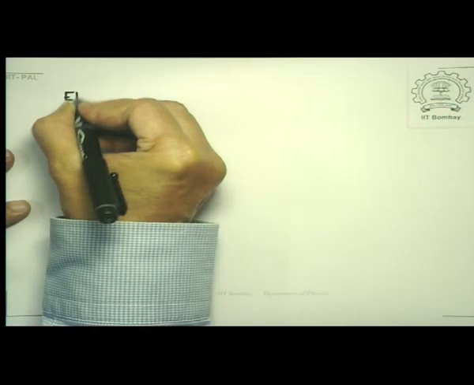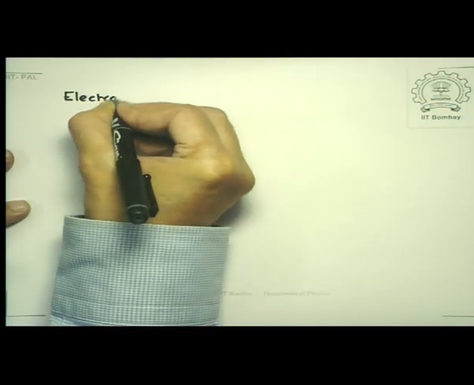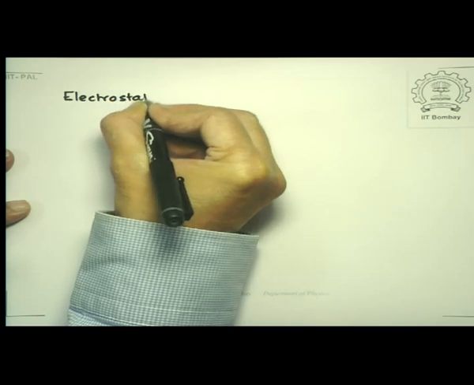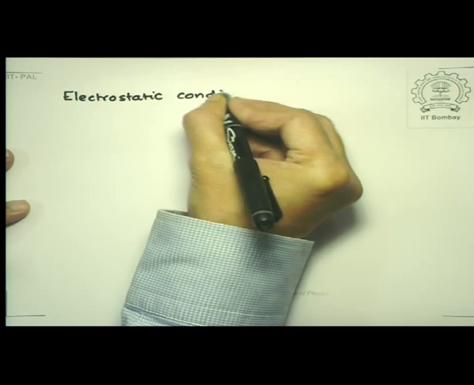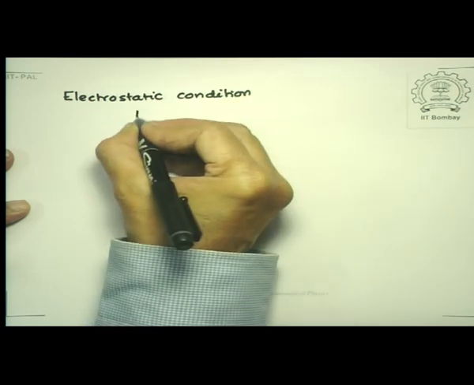So we have seen that under electrostatic condition there is no field inside a conductor. Now what happens in such a situation? See, the electrons are still free, so let us write it down. Static condition. So no field inside the material.